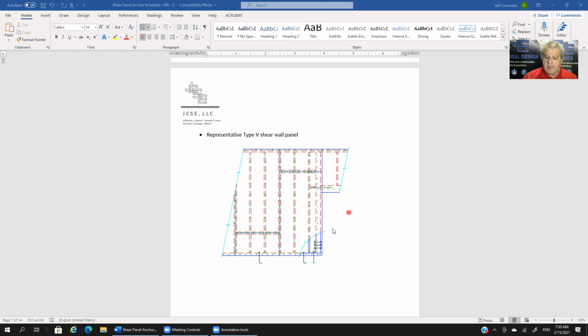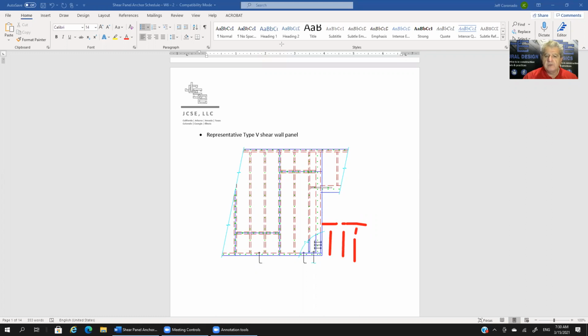Right here, you would have a representative opening. So this might be a door, as it's illustrated right now. It would be very similar if this was a window, then you might see some framing down here, and maybe some studs oriented this way.